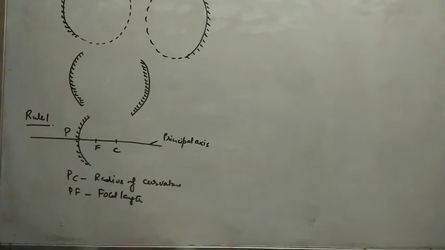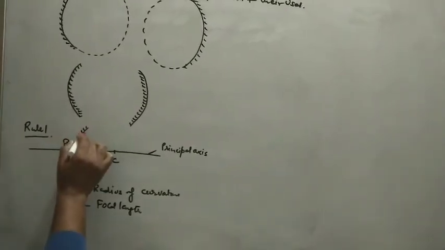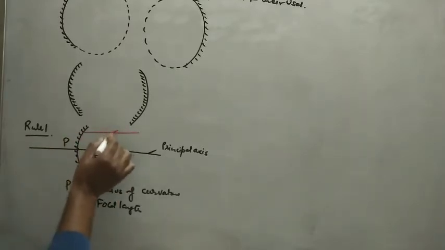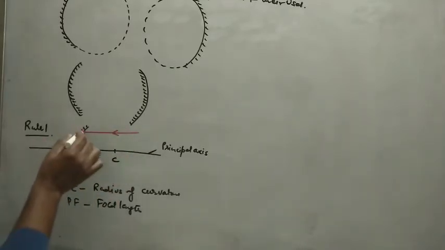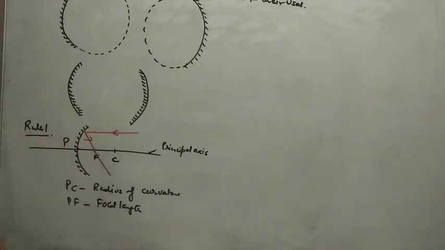Right. So first rule is the incident ray which is parallel to principal axis, after reflection it will pass through focus. This is the rule number 1.